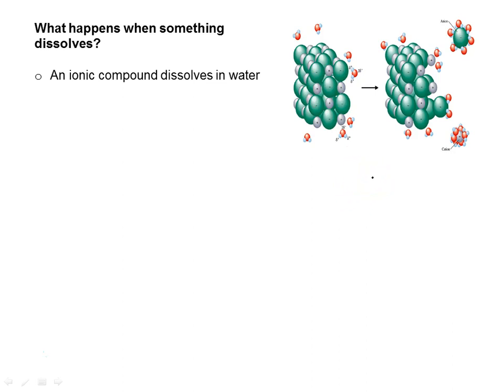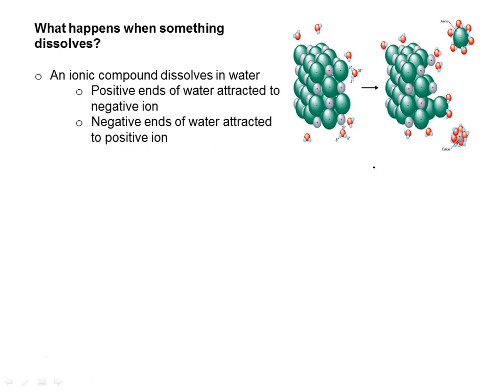Notice how the water molecules are aligning themselves around the charges, and what is happening to the overall crystal structure. The positive end of water is attracted to the negative ion. So if this was sodium chloride, the positive end of water is attracted to the chlorine. The negative end of the water is attracted to the positive ion, so that would be the sodium. And ultimately, the crystal splits apart. We call this dissociation.